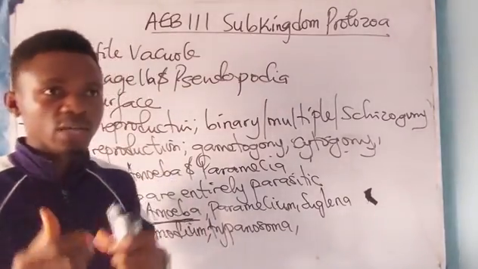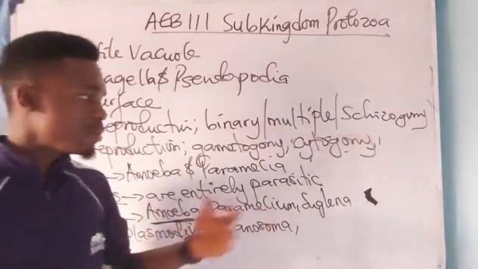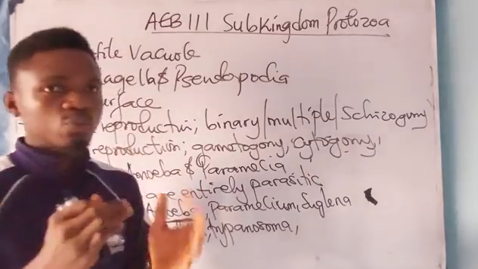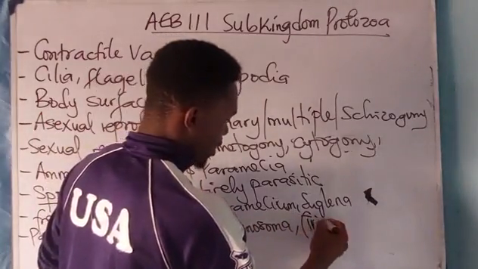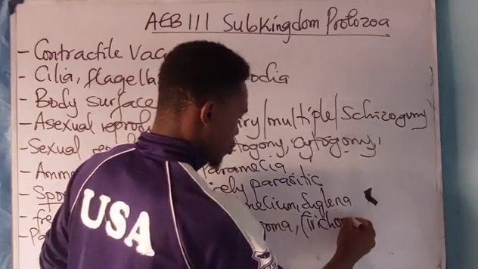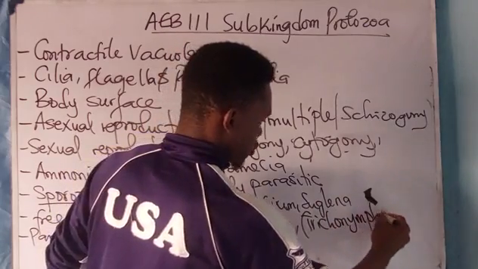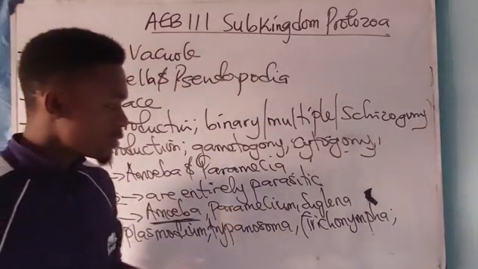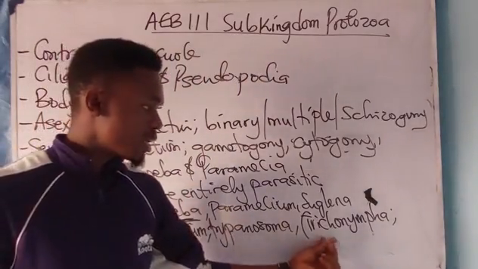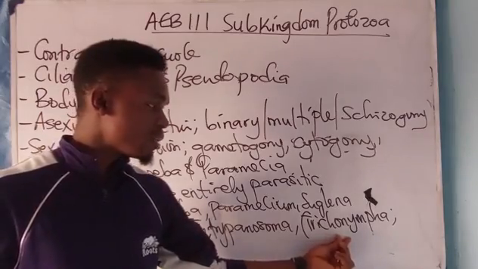Some also exhibit a symbiotic association with their host. A good example is Trichonympha. Trichonympha is found in termites.